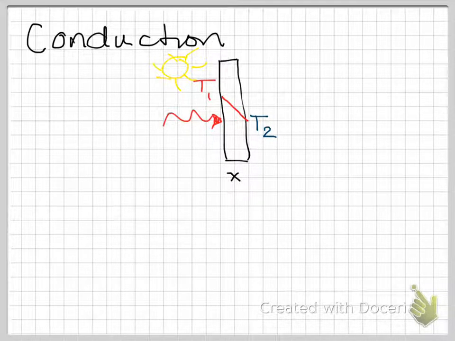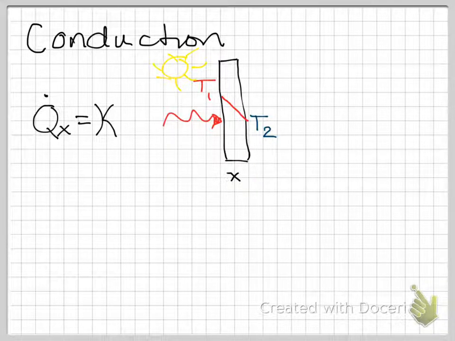And so for this situation, Fourier's law states that the heat rate being transferred across x equals kappa. In some books, the letter K is used. If you've seen this before in the Material Science and Engineering book authored by Callister, he uses the Greek letter lambda.